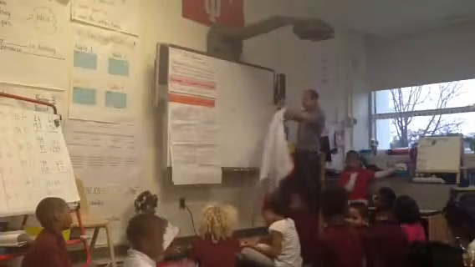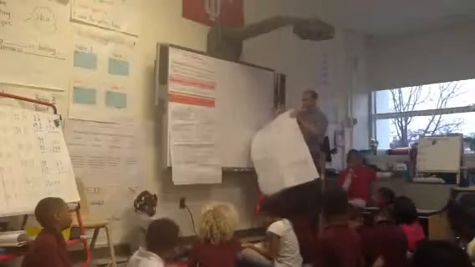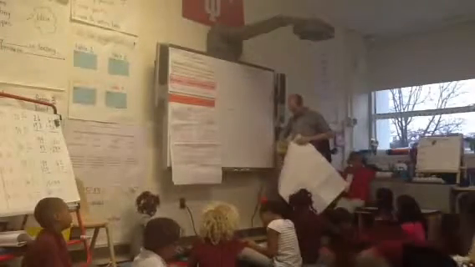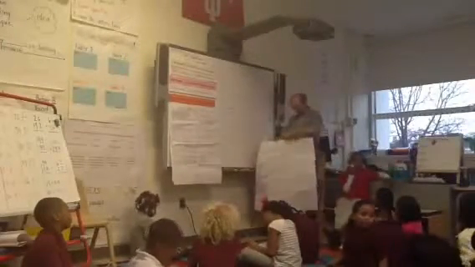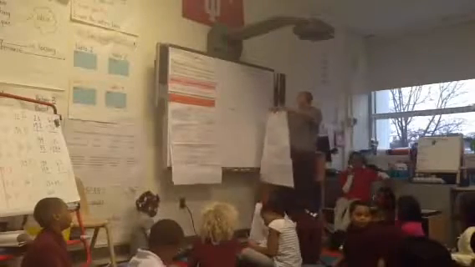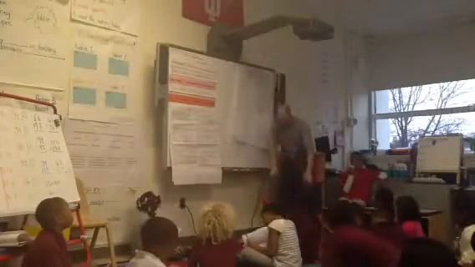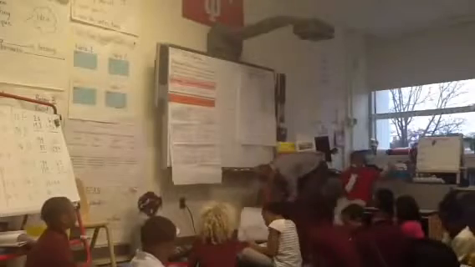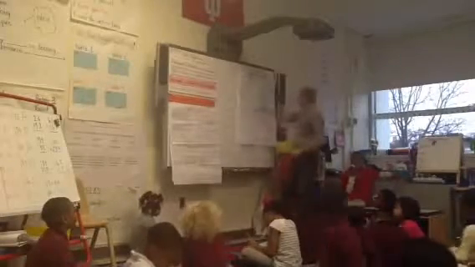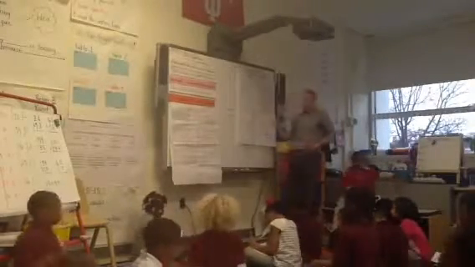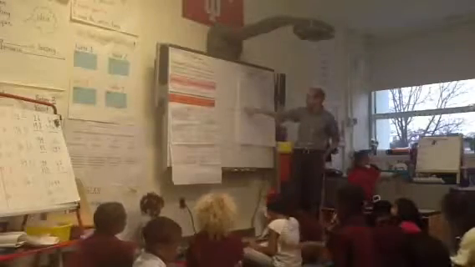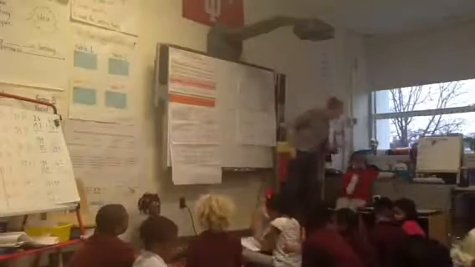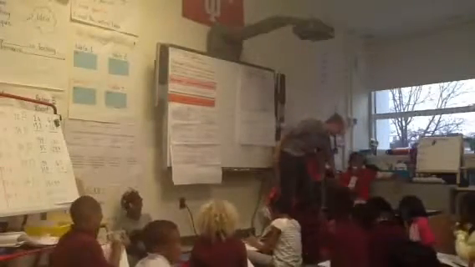Let me take these pages off. Okay, 29 minus 12. So on your whiteboard, you're doing this one. 29 minus 12. I'll give you 2 minutes to do this one.